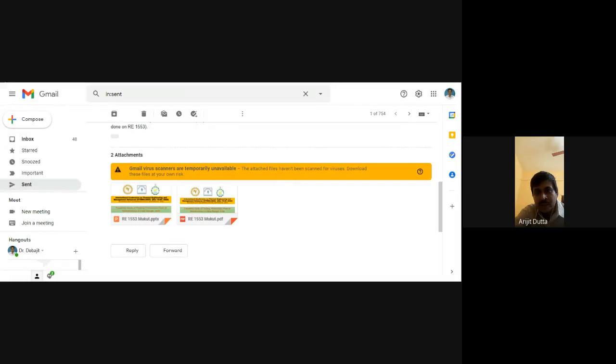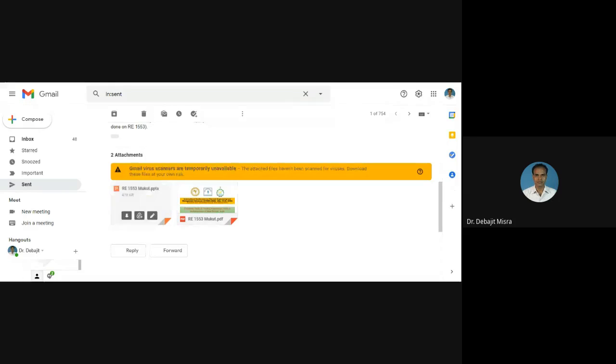Your screen is sharing. You have to open it first. No, you share screen and click on the PPT. You're sharing screen, but you're not opening the PPT.